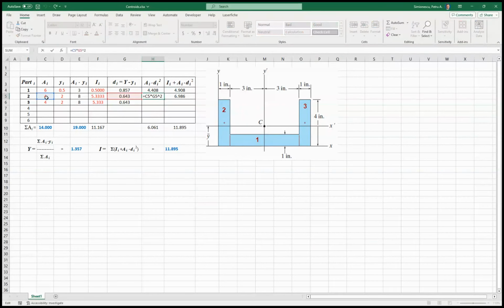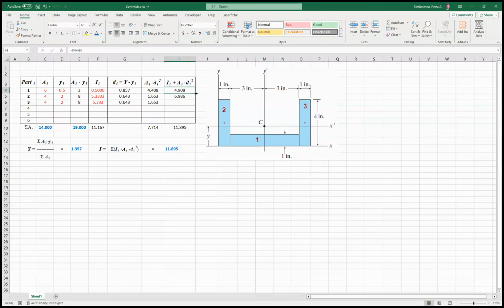The area multiplied by the distance squared, and I believe these are zeros. Okay, and then lastly, I take the centroidal area moment of inertia of the individual part plus area times distance squared.